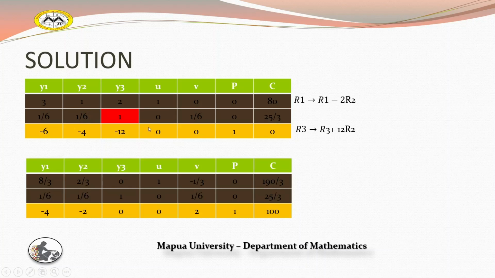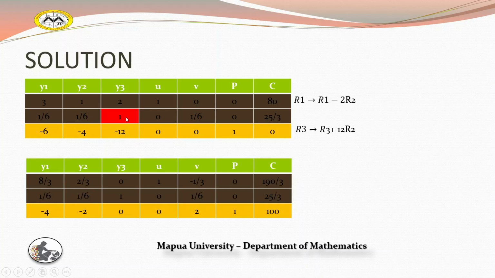For the elements in row 3, this is now row 3 plus 12 times row 2. So this is simply negative 6 plus 2. Why is it 2? Because times 12. Negative 6 plus 2, the answer is negative 4. Negative 4 plus 2, the answer is negative 2.